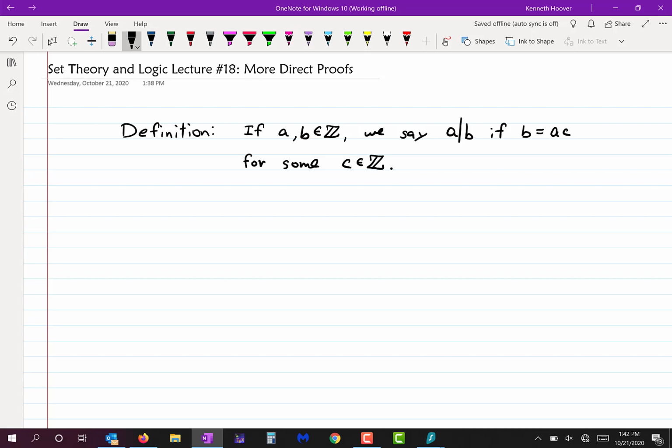Okay, now here's a proposition. We are going to show that division is transitive. Okay, which is this: let a, b, and c be integers.